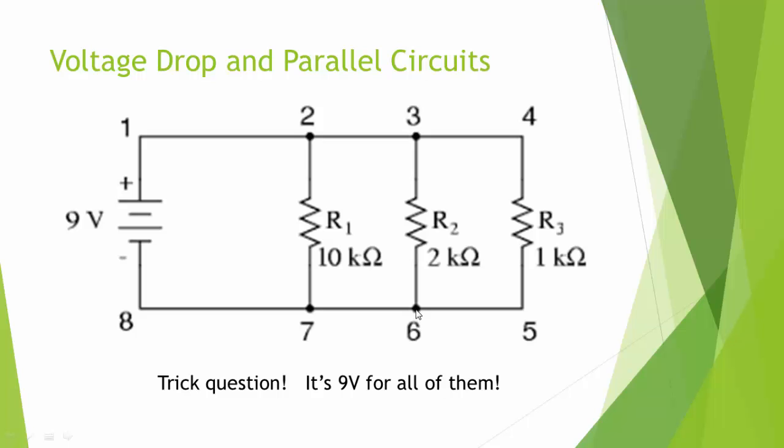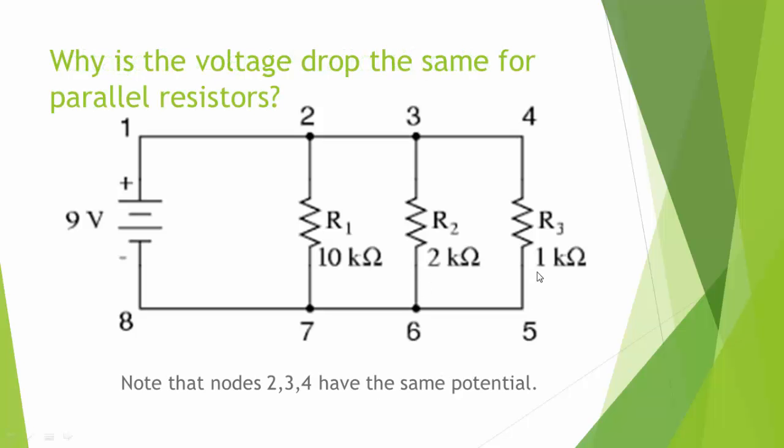And nodes 7, 6, and 5 are all connected by wire to ground. And so by definition, if we were to measure the potential difference from here to here, all of them would be 9 volts. So this is a fundamental aspect of voltage drop. Any resistors in parallel, their voltage drop will be identical.